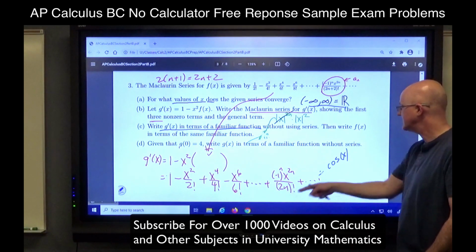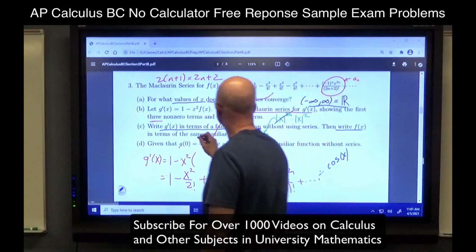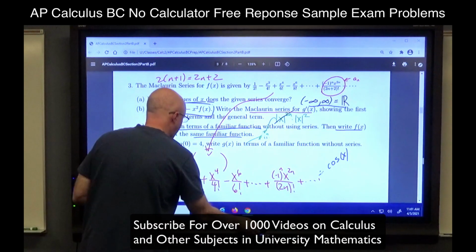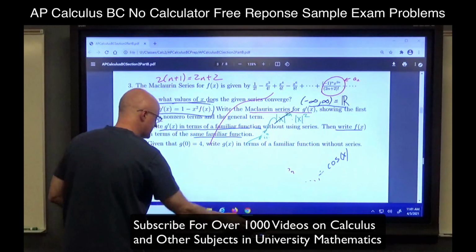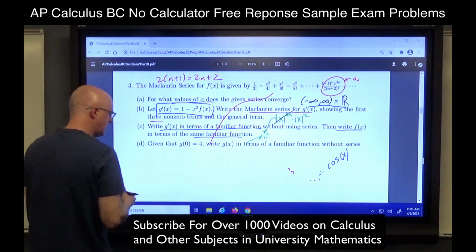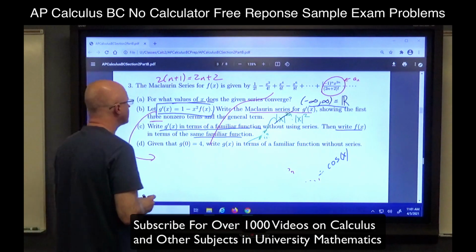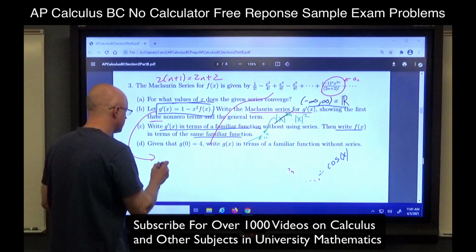But you can just use this fact. Now write f of x in terms of that same familiar function. You've got to use this equation. Solve for f of x. G prime of x is the cosine function. Solve this for f of x. You're going to get, well, first subtract 1 from both sides, and then divide both sides by negative x squared.